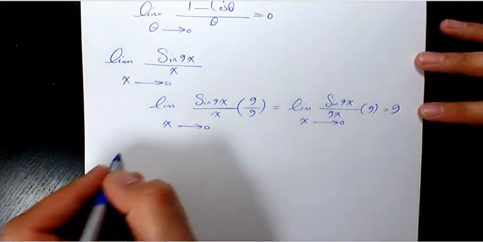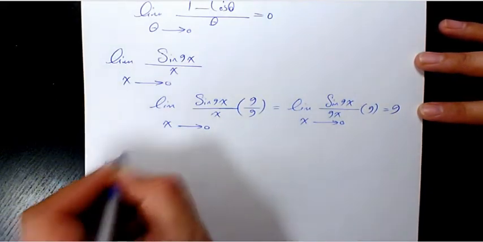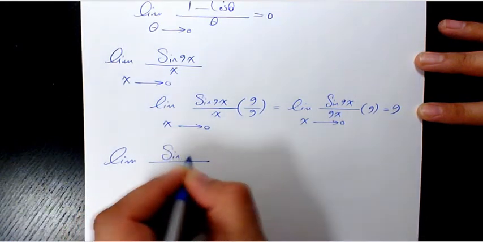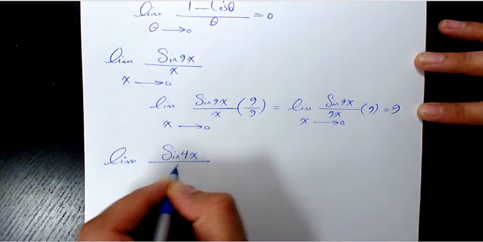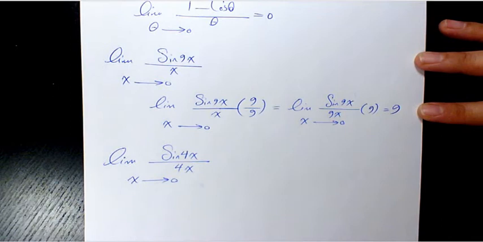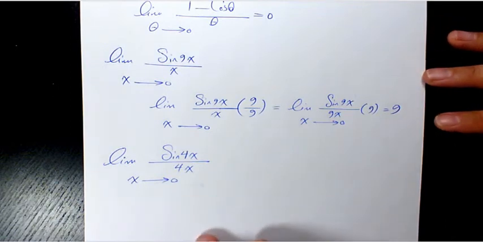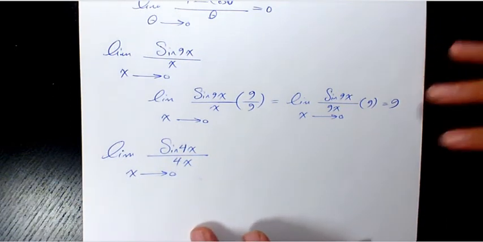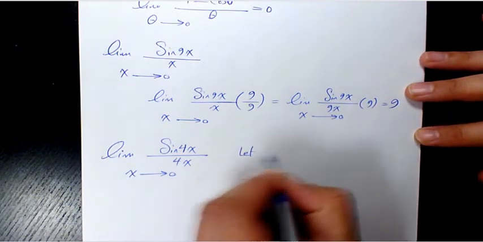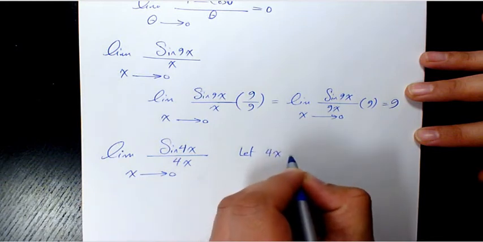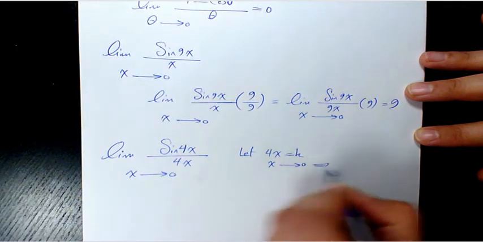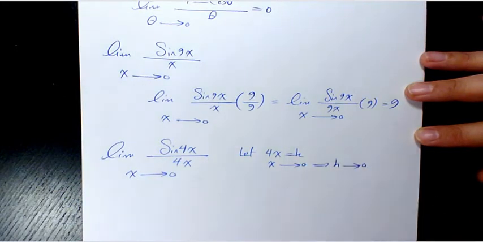Next one is going to be the limit of sine 4x over 4x when x is approaching 0. In this case, what we can say is, let 4x be h, and then when x is approaching 0, it means that h is approaching 0.